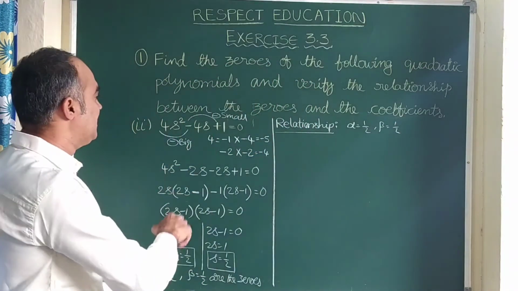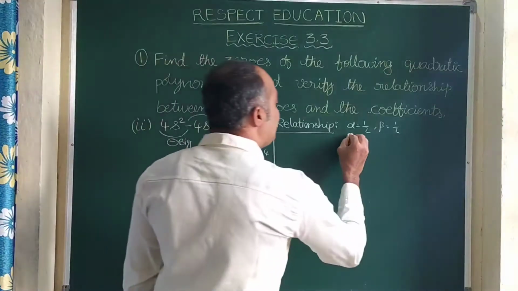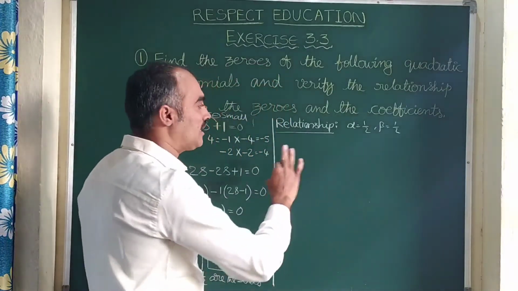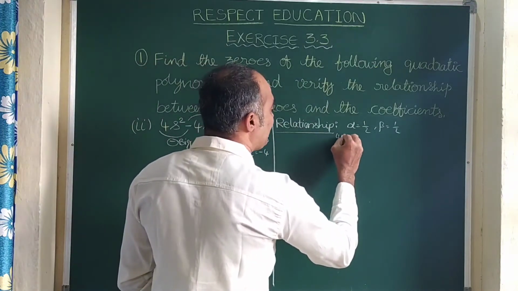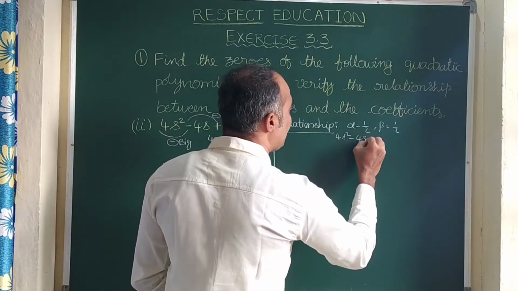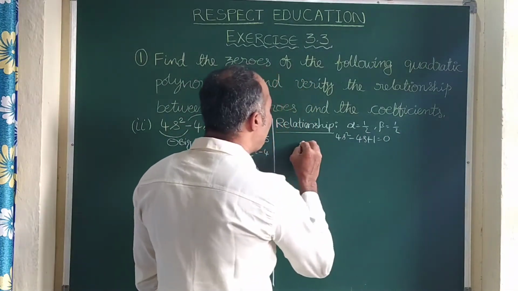Now coefficients. Here you see s square coefficient is a. If anyone has doubt, you can write here the given polynomial, 4s square minus 4s plus 1 equal to 0.